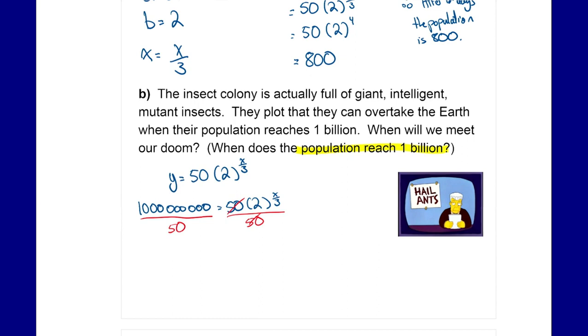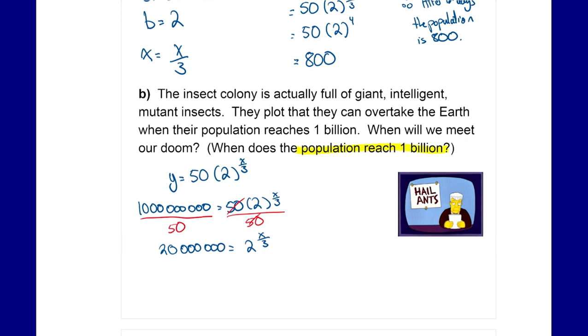One side will cancel out. We're left with 20 million equals 2 to the power of x divided by 3. So this is basically saying 2 to the power of something divided by 3 equals 20 million.